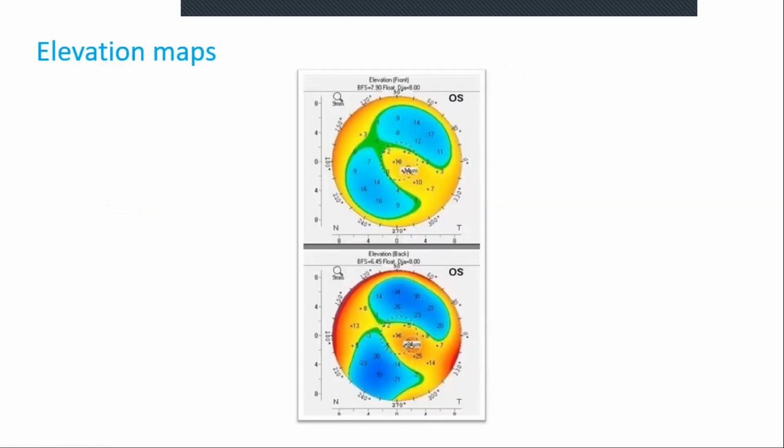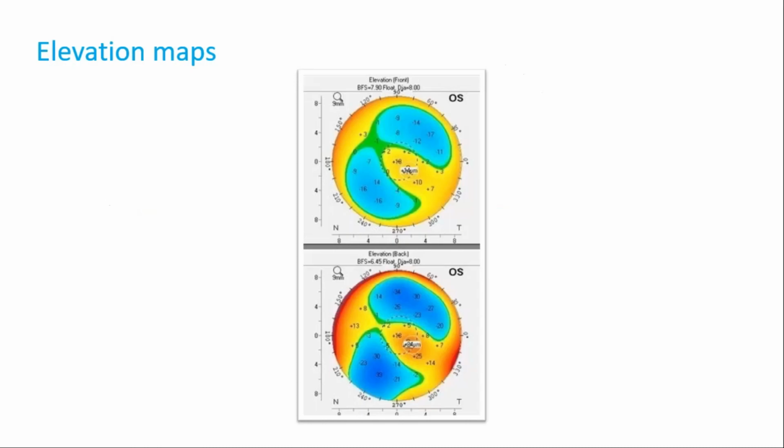So in elevation maps, when we see the anterior float and the posterior float, we have to look for whether the elevation points are more than 12 microns in the front surface and more than 15 to 16 microns in the back surface. If it is more than that, it is a suspicious cornea.